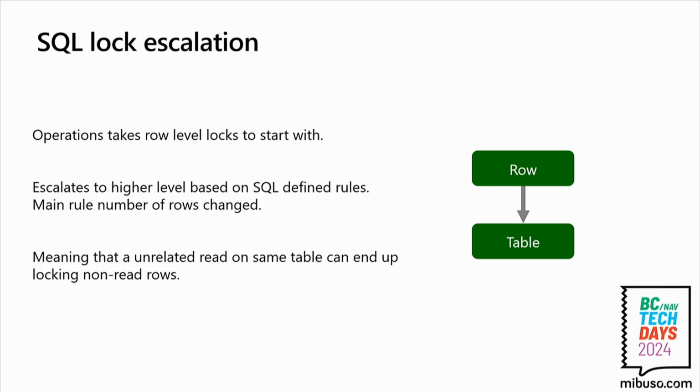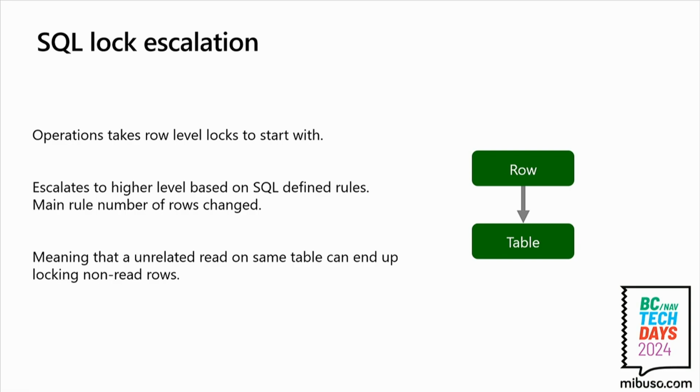SQL Server has this optimization, which when I tell it to you, I'm not sure you'll think it's an optimization. It depends on how you look at it. Normally when we go in Business Central, we operate on a single row at a time most of the time, right? You call modify, that operates on one row. You call get, or you call find, and then you next, right? So we take locks on a row basis most of the time.